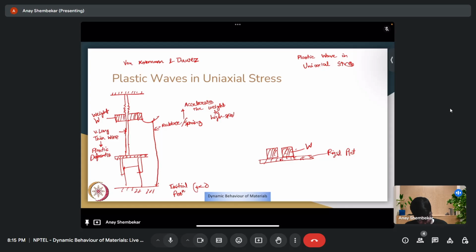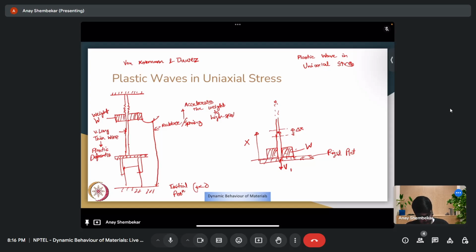This rigid plate will start moving down with a velocity V1, and this is my thin rod. For the label, this is X. This is my thin cross section, delta X.